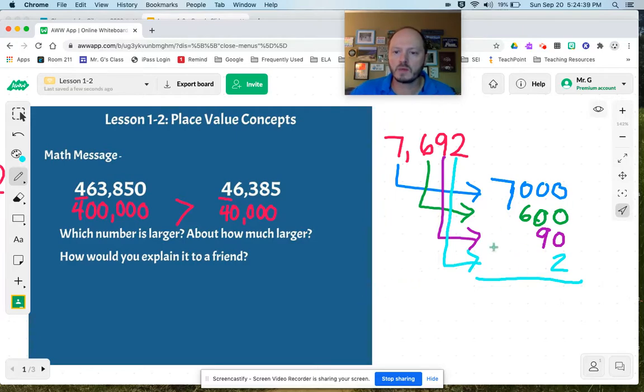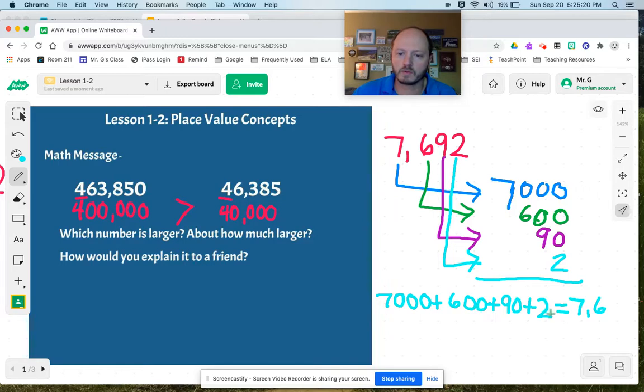When we break a number apart into each place and what their values are, and then we write it like this, we could say it's equal to, but we don't even need to say that.